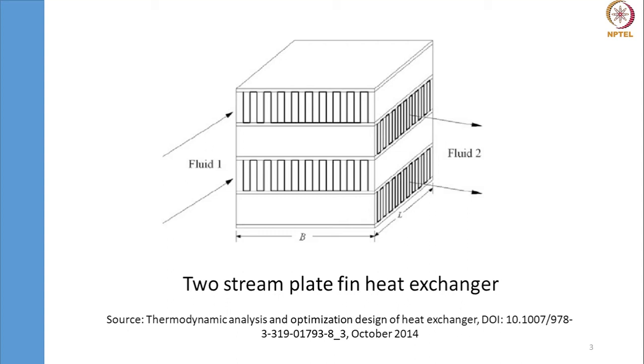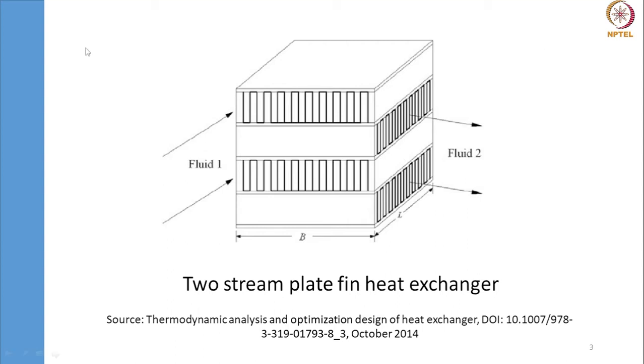So this is how a plate fin heat exchanger looks like. There are different passages for different fluids. This is a two-stream heat exchanger, I mean two different fluids transfer heat between the interacting fluids without mixing. So this is a transfer type heat exchanger.